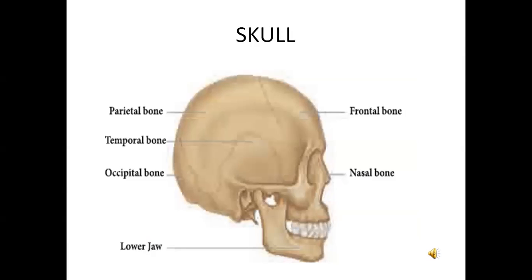Skull. The skull is made up of cranial bones and facial bones. It protects the brain and the structures of the face. The hyoid bone present at the base of the buccal cavity and the auditory ossicles, that means malleus, incus and stapes, are also included in the skull.